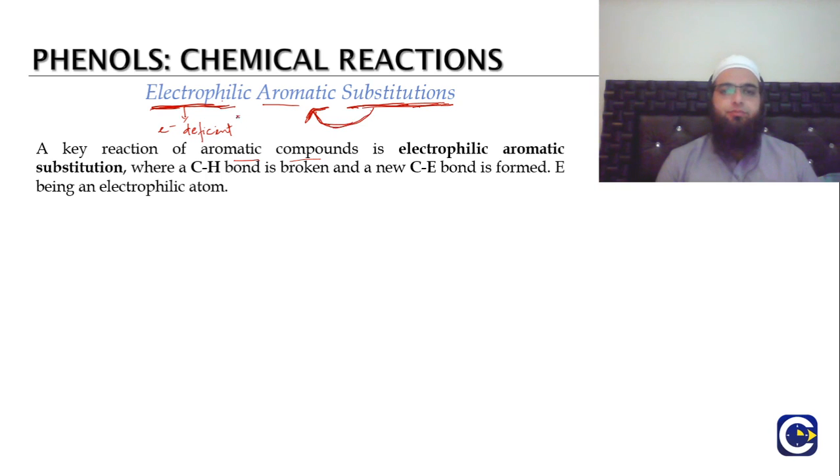In these reactions a carbon hydrogen bond is broken, and in place of that a new bond between the carbon and the substituting electrophile is formed. Here, E represents the electrophile.